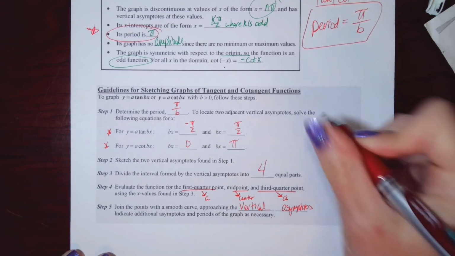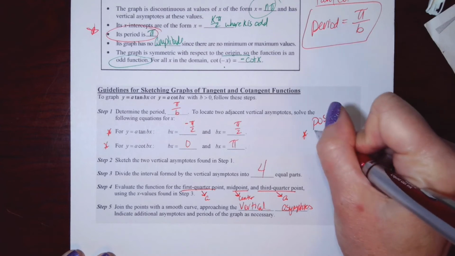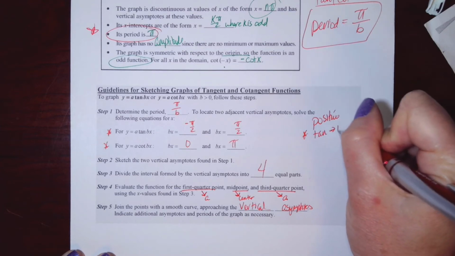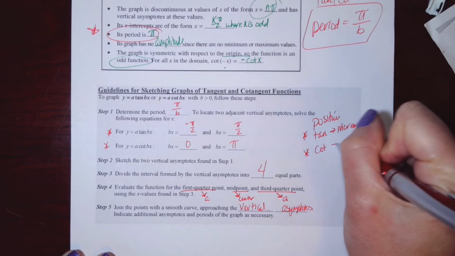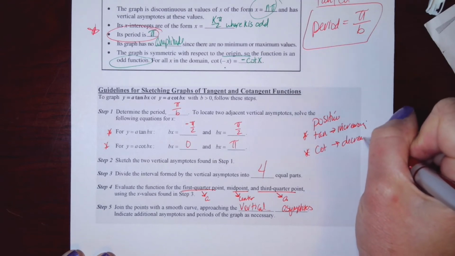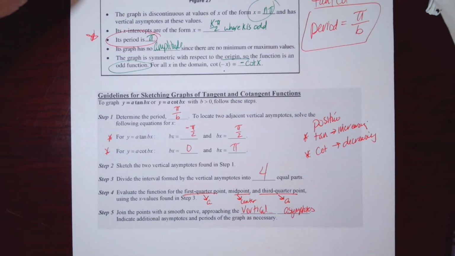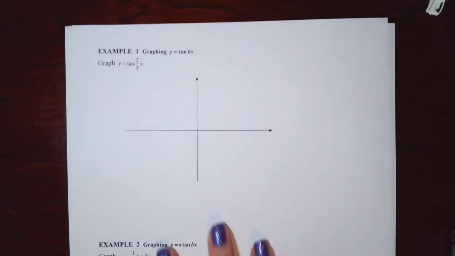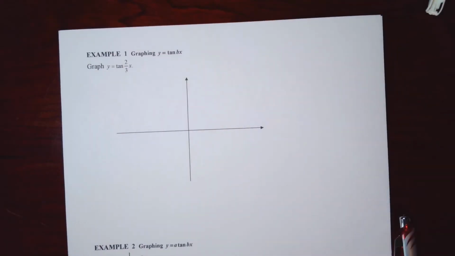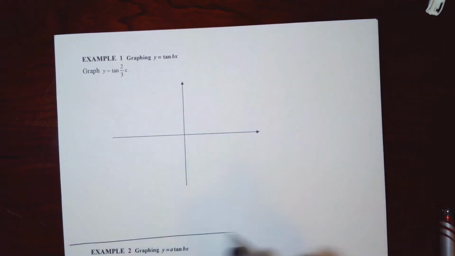Remember that positive tangent is increasing and positive cotangent is a decreasing function. Okay, so get those steps where you can refer to them, and let's do some graphs. Our first graph is going to be a positive tangent function.